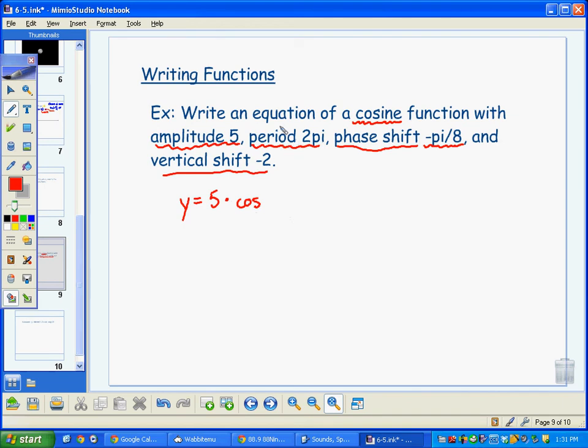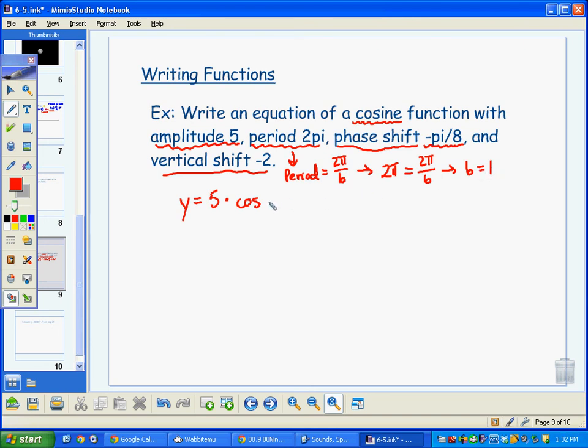Now I have to put the part that compensates for the period. Remember, this multiplier out in front, I have that the period is equal to 2 pi over that value. Okay? So if I'm saying that the period is 2 pi, that's equal to 2 pi over that b value, then b must be 1. 2 pi over 1 equals 2 pi.